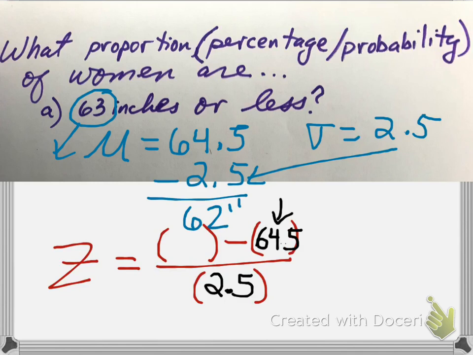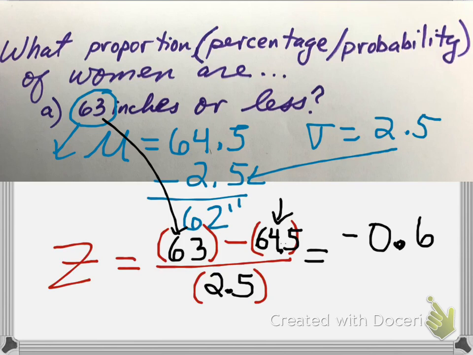And in the first blank, we put the number that's given to us. Now, when I do 63 minus 64.5 divided by 2.5, this gives me negative 0.6.